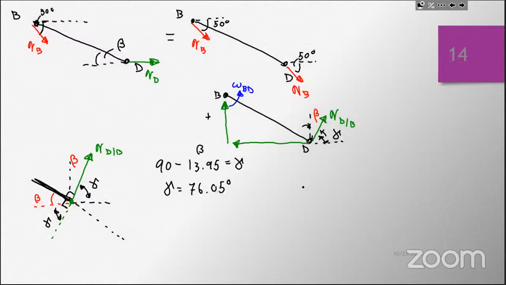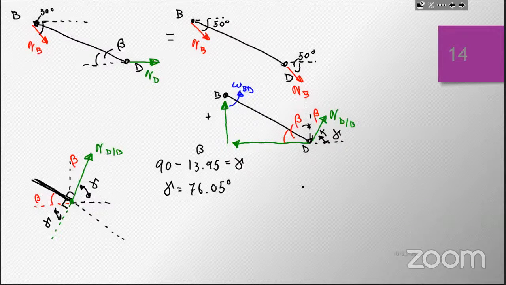Remember, we know this angle here, beta. I know the length of my hypotenuse, right? The length of this is 8 inches.